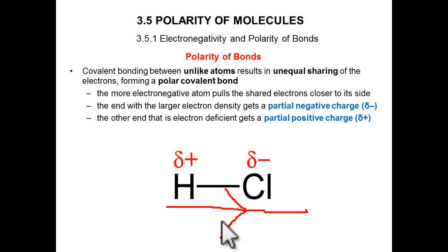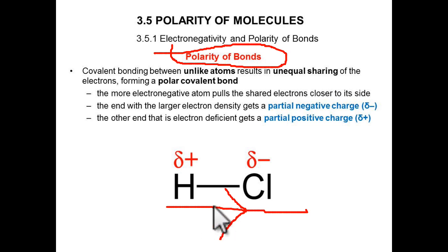Therefore, there is an attraction force between the hydrogen and chlorine, and the attraction is more toward chlorine rather than hydrogen. Therefore, this molecule is not in a symmetric position. When it is not in a symmetric position, we call this a polar bond, or polar molecule, a polar covalent bond.